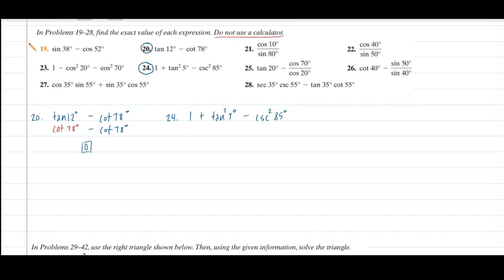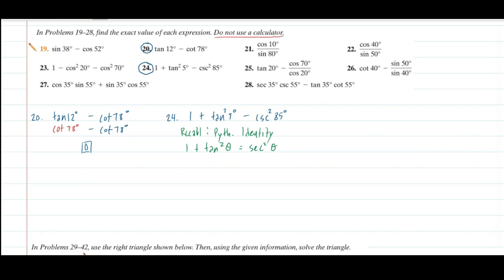Well, let's see what happens. Recall that there is the Pythagorean identity, and the Pythagorean identity says that 1 plus the tan squared of theta is actually equal to what? It's actually equal to secant squared of theta. All right, so that's what I begin with.